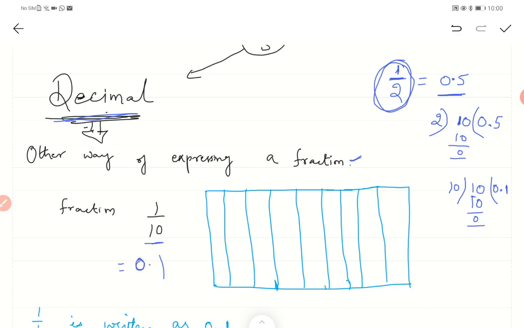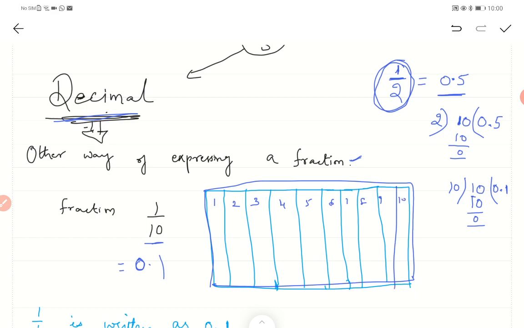Okay, so 1 by 10th, how do you represent it? So you will have a rectangle. Okay, it is divided into how many divisions? 10 divisions. 1 2 3 4 5 6 7 8 9 and 10. Okay, so one part is used.